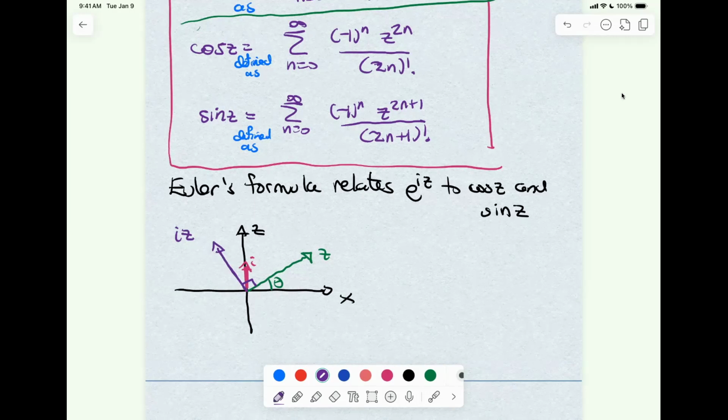And the length, what is the length here? The length should be the product of the lengths, right? So it should be the length of i times the length of z. But what is the length of i? i is unique, it has length 1, so it's just 1 times the length of z.